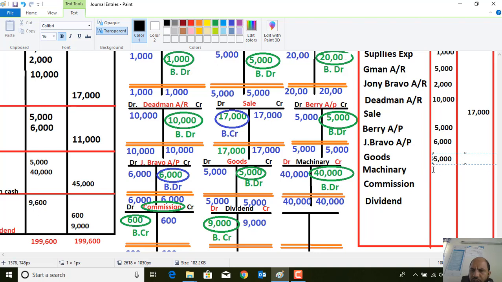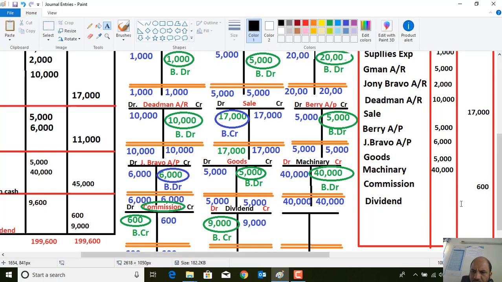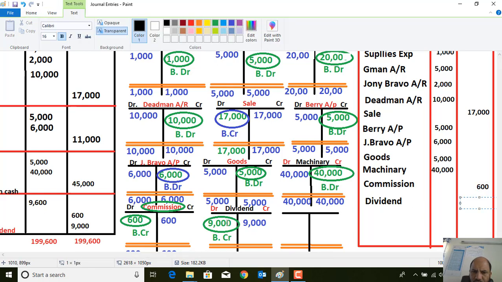We have the machinery account which is equal to 40,000 rupees, and then finally we have 6,600 rupees dividend. It is a credit balance, so that's why we will record it at the credit side. And finally we have the debit balance which is 9,000 and it is against a balance of credit record, so we will record this at the credit side.